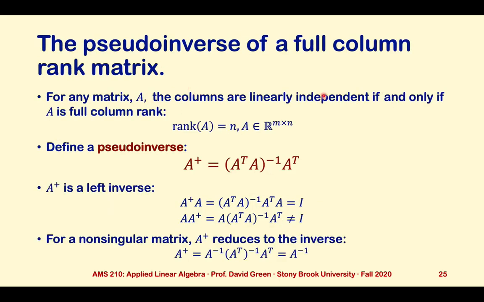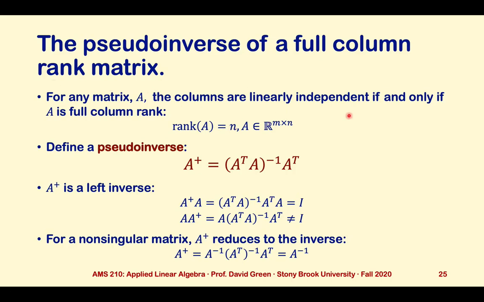But if the columns are linearly independent, this is the same thing as saying that A is full column rank. If A is an m by n matrix, the rank of A is n. There are n pivots, n linearly independent columns, no free variables.